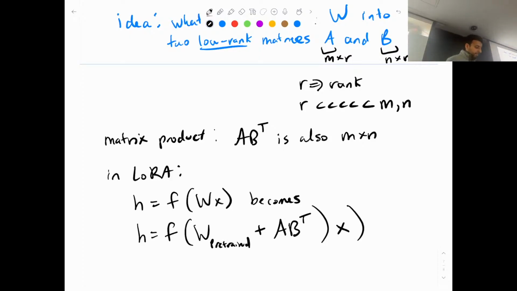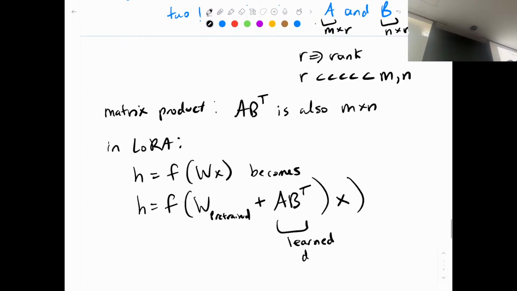So we have essentially this learned additive offset.